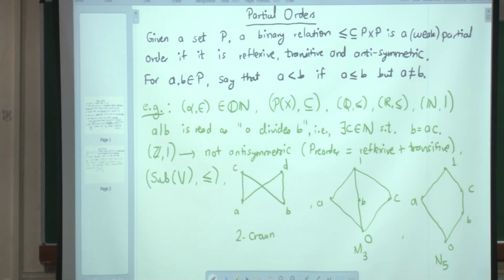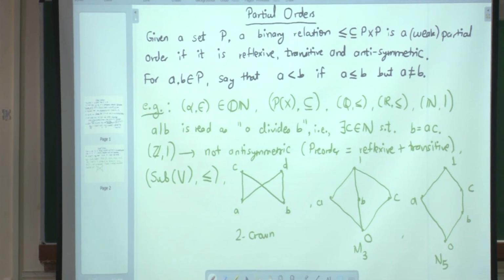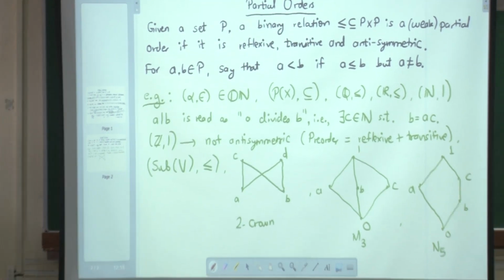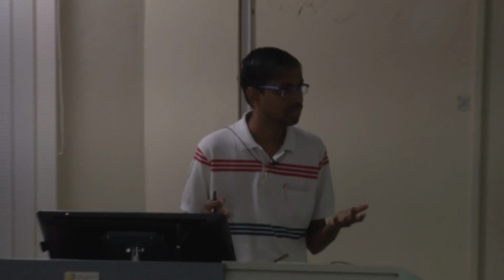What is the condition here? A and B are not related. So A comma B and B comma A, neither of those two elements are in the relation. Similarly, A and C are not related.